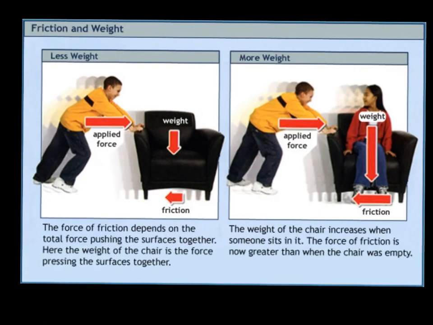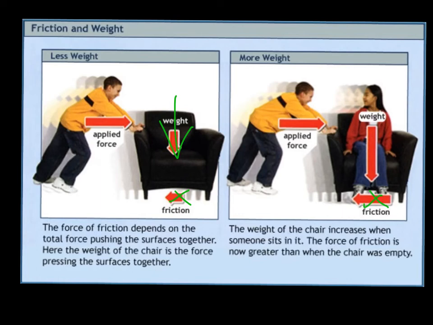Now, there is a force also that is pushing down on an object. So the harder the two surfaces are pushed together, the more difficult it is for the surfaces to slide over each other. Now, the easiest way to get an object moving is to change the amount of friction, change the surface areas that are in contact between the items.